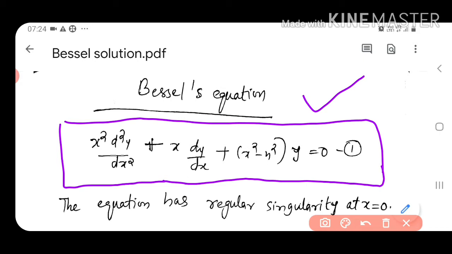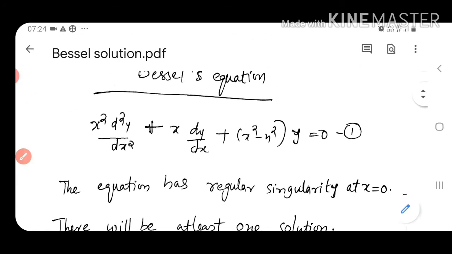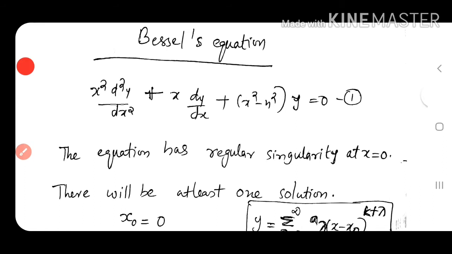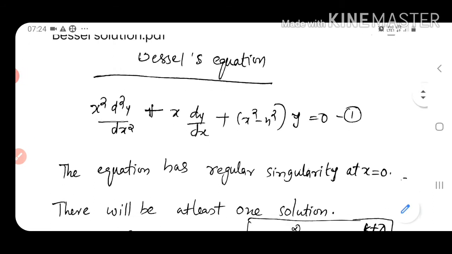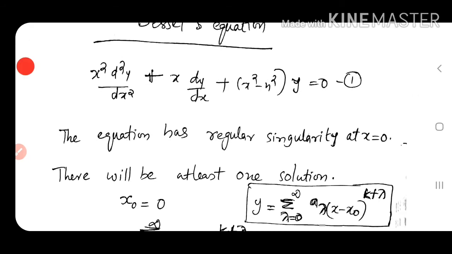Frobenius method. In the last class we obtained the solution of the SHO, simple harmonic oscillator, differential equation using the Frobenius method. By following the same procedure, we are trying to obtain a solution. We know the Bessel equation has a regular singularity at x equal to 0.